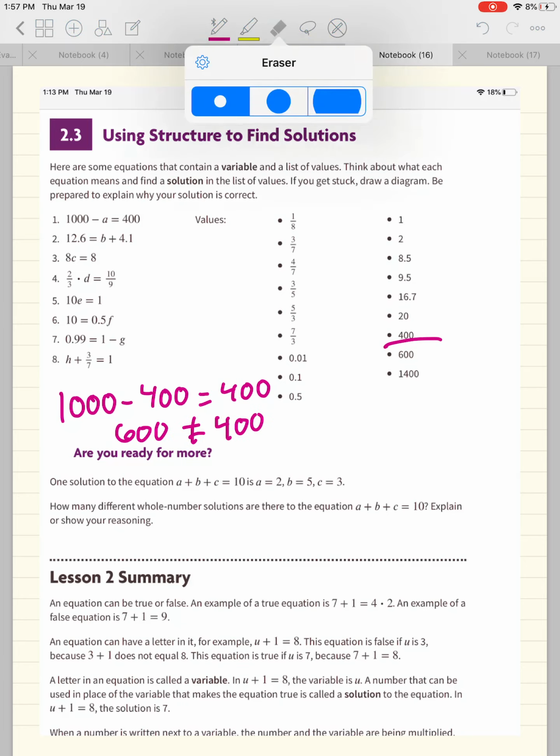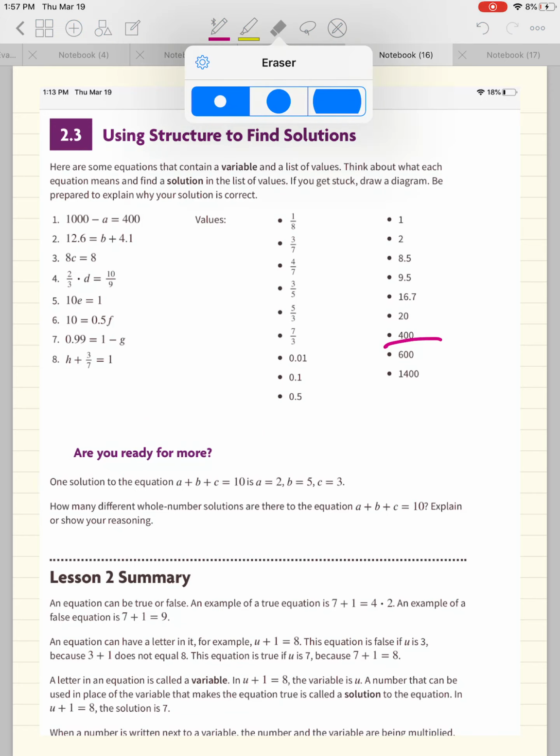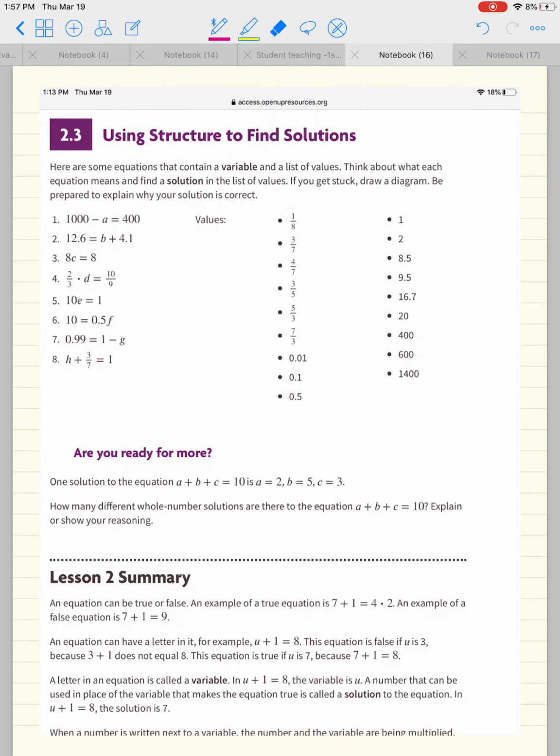And so this equation still does not work, but 600 is a lot closer to 400 than 999 was. So let's go ahead and find a value in our values that is close to 400. Right here, I can see that 600 is super close. Or at least it's the closest one on the list.